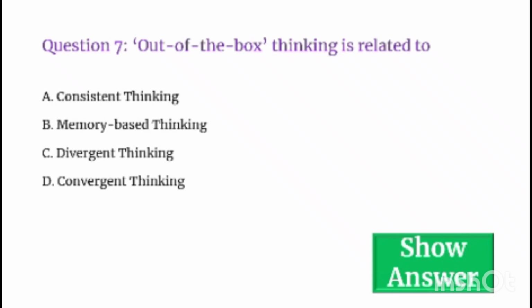Out of the box, here you can see divergent thinking means in a 360-degree direction they will think to solve their problem, right? Convergent thinking is thinking in one way, right? So we will go with option number C. Let's see the answer. Yes, C, divergent thinking is the correct answer. Out of the box thinking is related to divergent thinking.